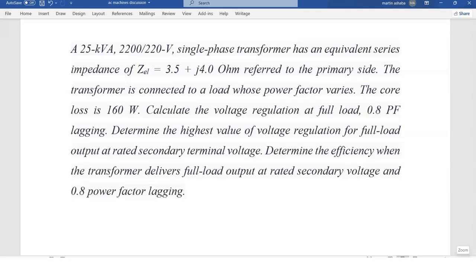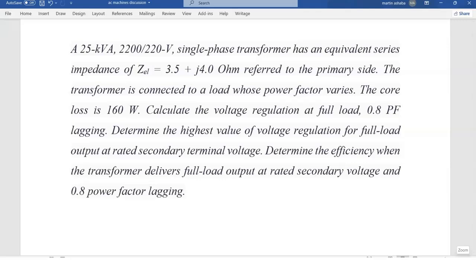The core loss is 160 watts, and we need to calculate the voltage regulation at full load, 0.8 power factor lagging. Determine the highest value of the voltage regulation for full load output at rated secondary terminal voltage. Determine the efficiency when the transformer delivers a full load output at rated secondary voltage and 0.8 power factor lagging.